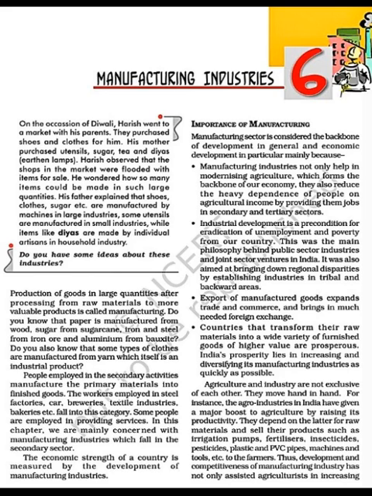Like cloth is manufactured from cotton, sugar from sugarcane, paper from wood, iron from iron ore, and aluminium from bauxite. So these are some of the examples of the secondary sector manufacturing process.